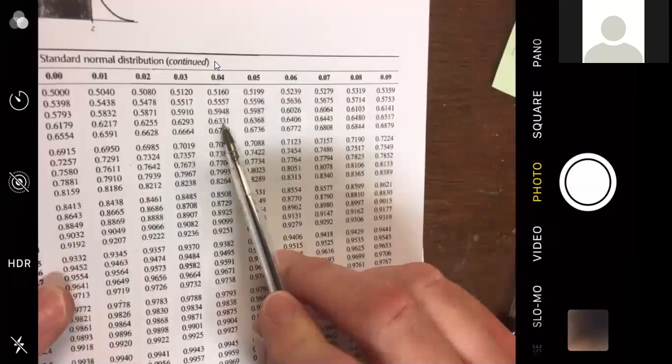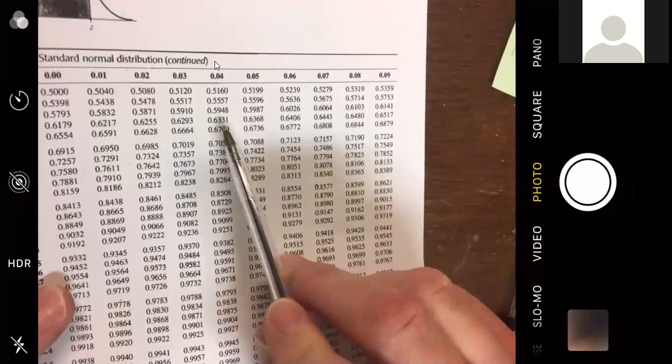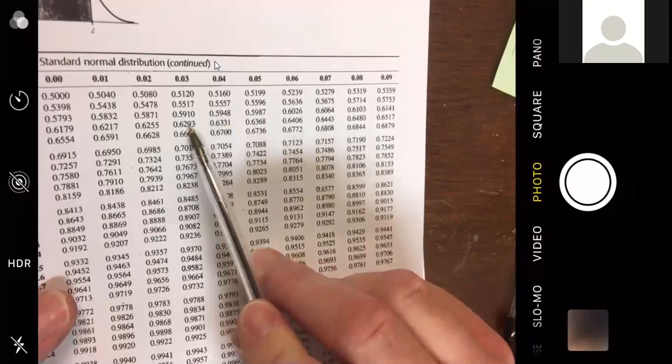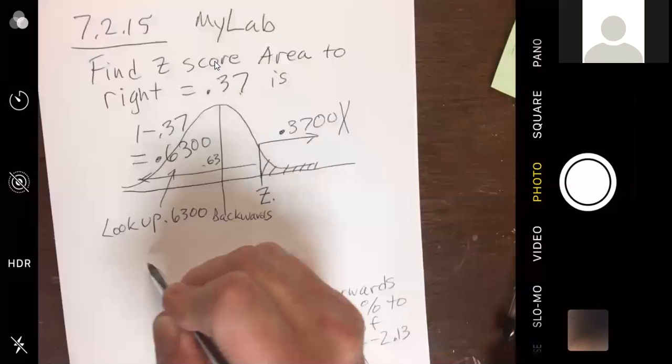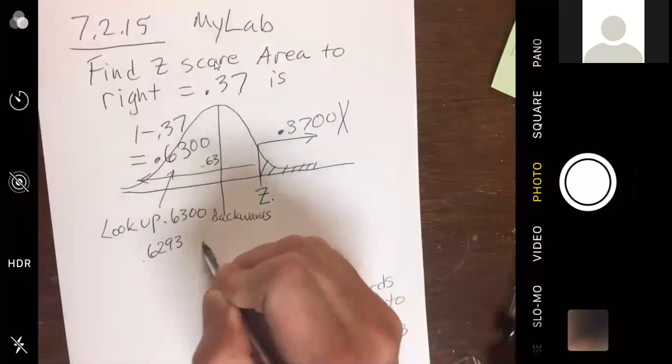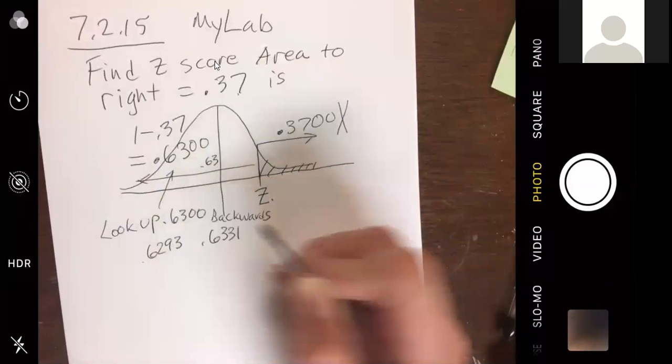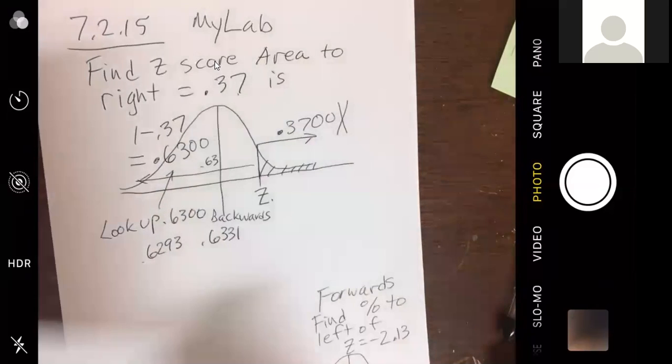There's a 0.6331 and 0.6293. Well, I think the 0.63 is going to lie in between those two numbers. I'll write them down: 0.6293, 0.6331.